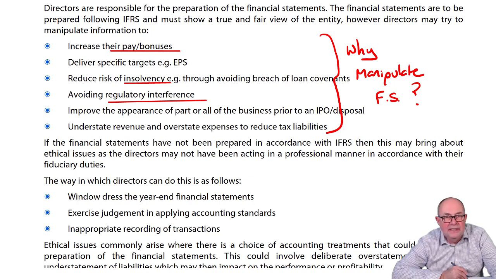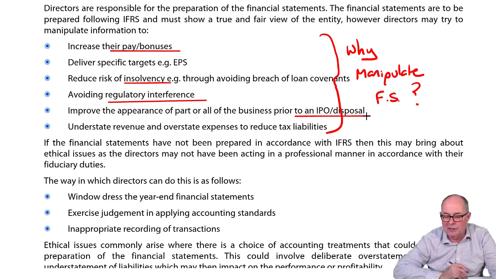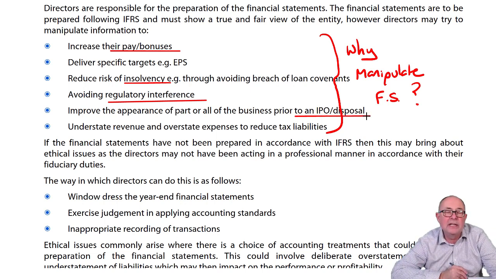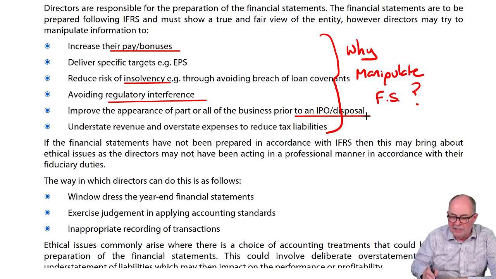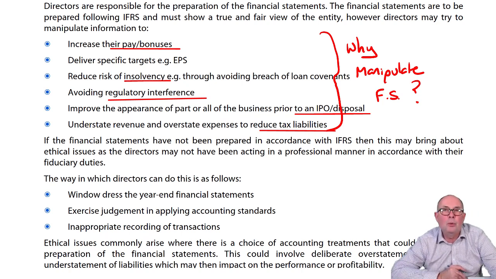If they're planning to list the company or sell it, so IPO listing or disposal, there's a perception that they might, again, want to overstate the assets. Or, of course, sometimes they might just want to minimize their income tax liability. So these are all things that could cause the accounts to be manipulated.